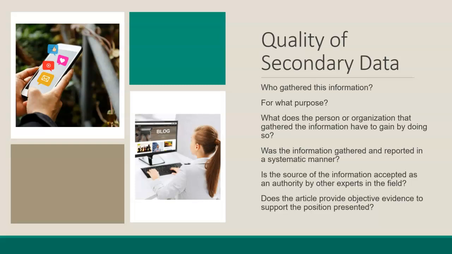So you want to know who gathered this information. If you go onto websites, usually if you scroll all the way to the bottom, you'll see exactly who the author is or what company a website belongs to. You should be able to see it. If you don't see it there, you will see it right beneath the article title.